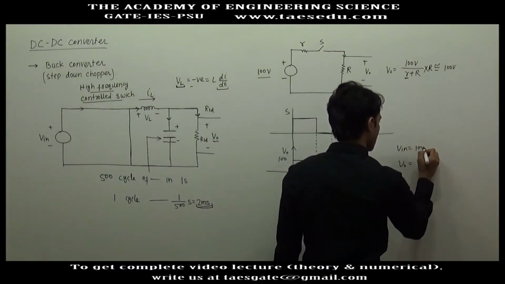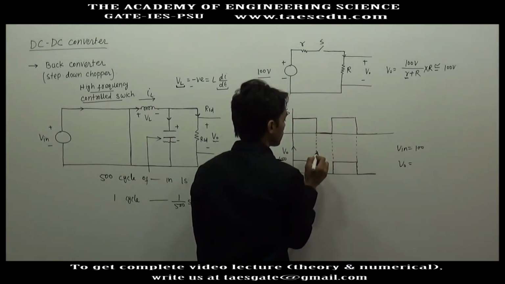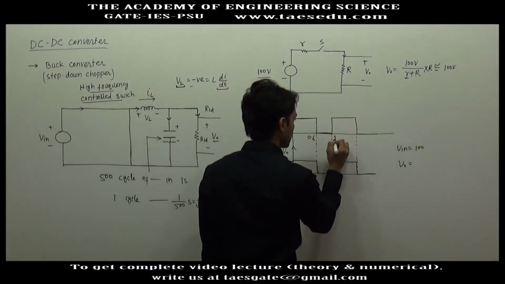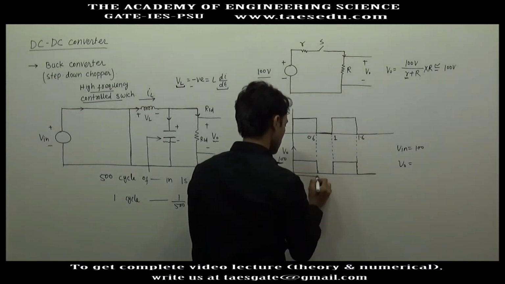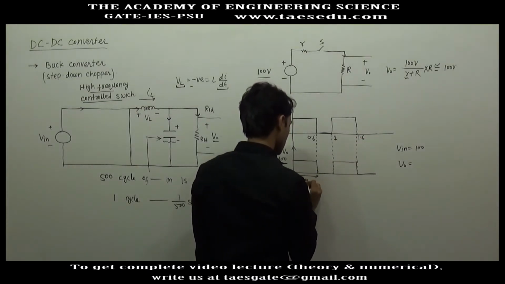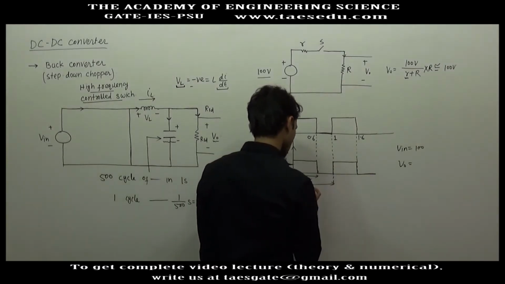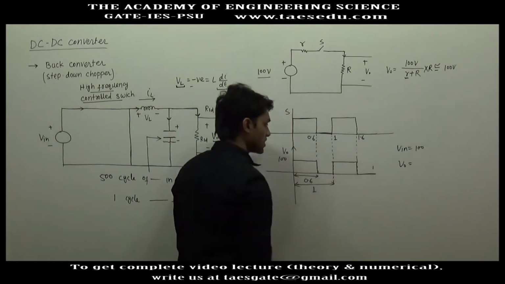Input voltage is 100, and let's say this is 0.6 unit, this is 1 unit, this is 1.6 unit. So this is 0.6 and this is 1, and after that the voltage waveform is repeated.